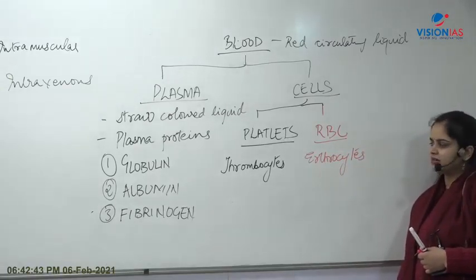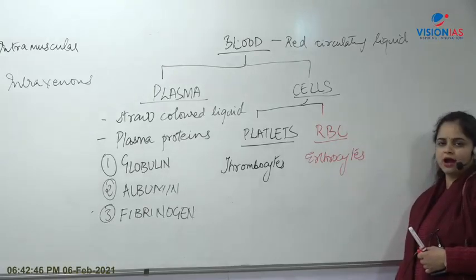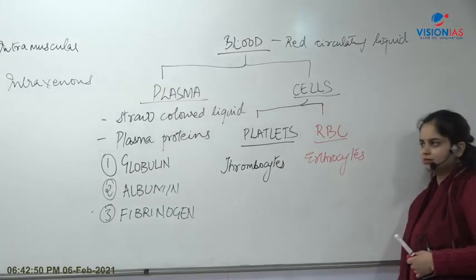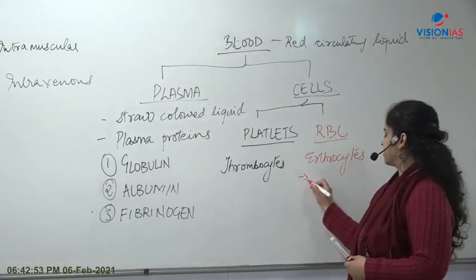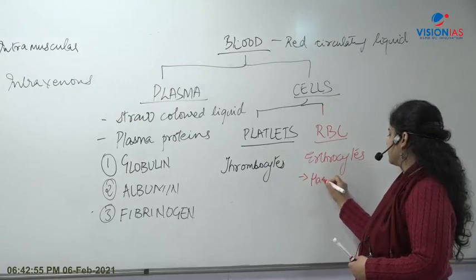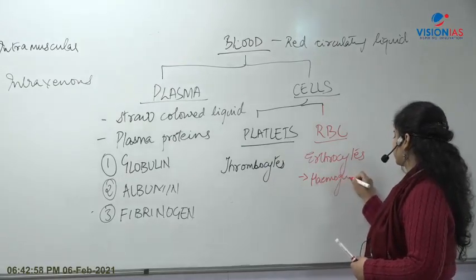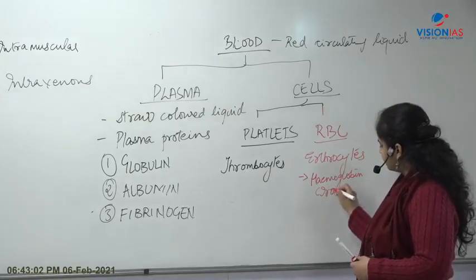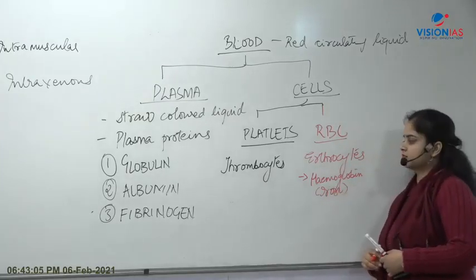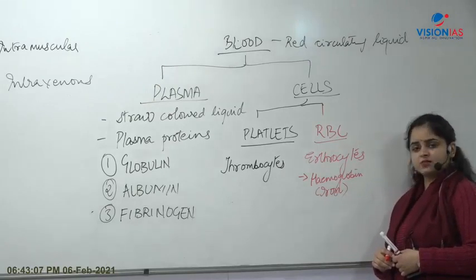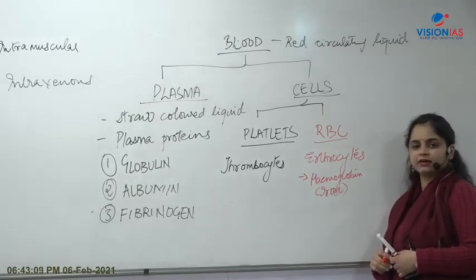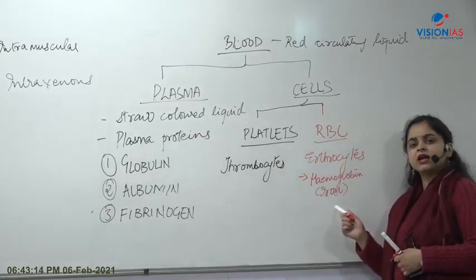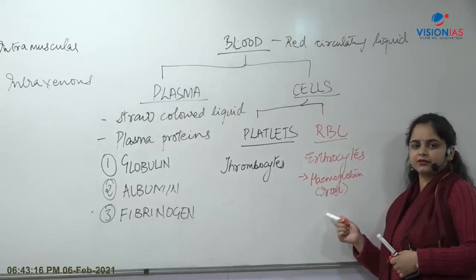Erythrocytes, that is another name for red blood cells or RBCs. They contain hemoglobin. Hemoglobin contains iron. It's actually the red color is because of presence of this iron.